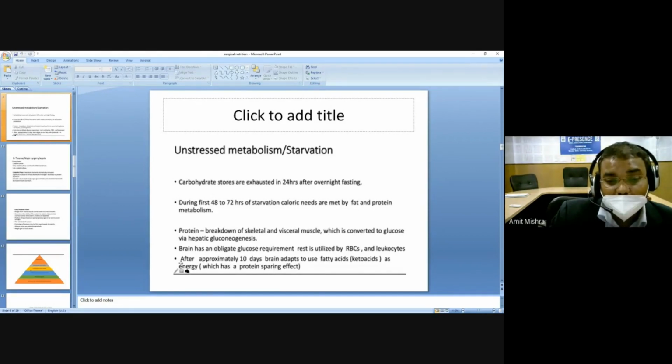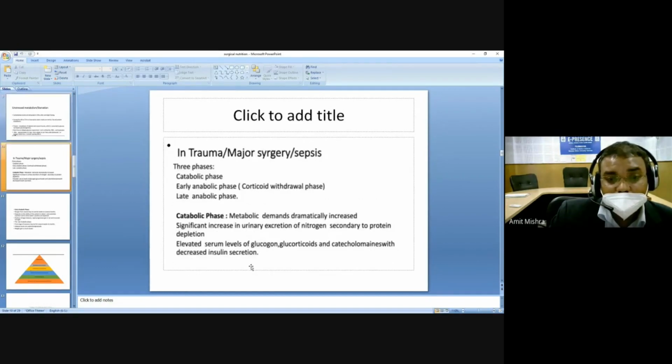So after a long period of starvation, with depletion of glucose, the neurons utilize fatty acids as the energy source because of the unavailability of glucose. Protein metabolism is slower after this period.